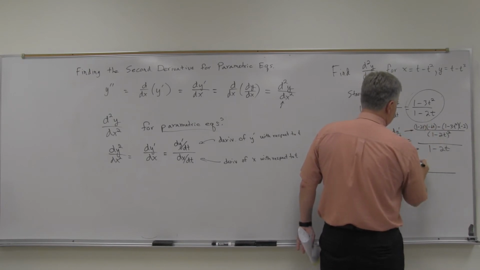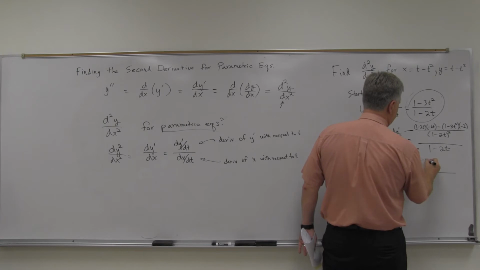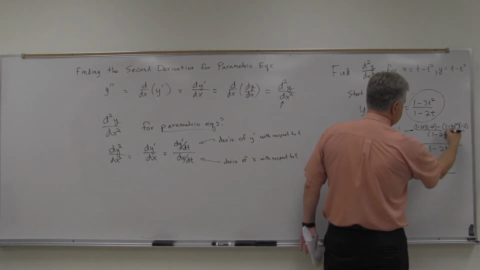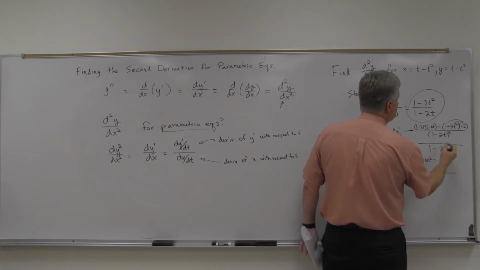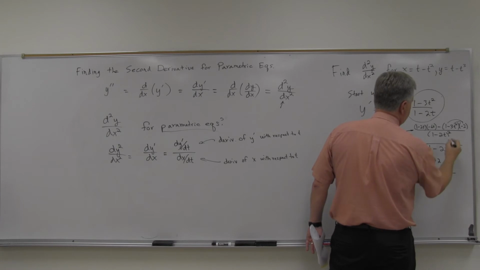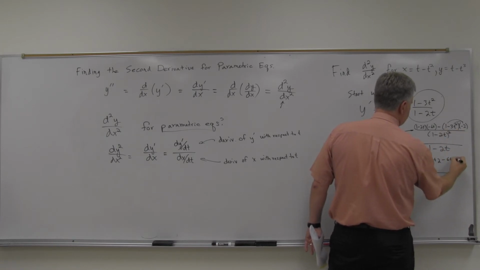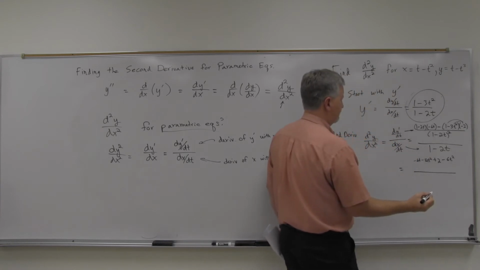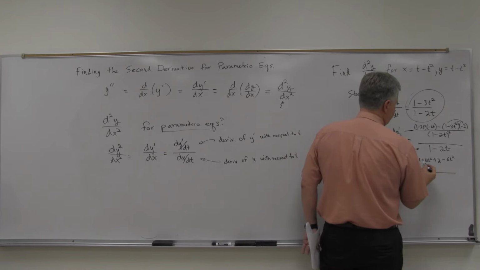That would be negative 6t minus 12t squared minus, if I distribute that, so it'll be plus 2, and then minus 6t squared. Is that right? Plus 12. Oh, plus 12. Yeah. I thought you were talking about the other. All right, just checking.